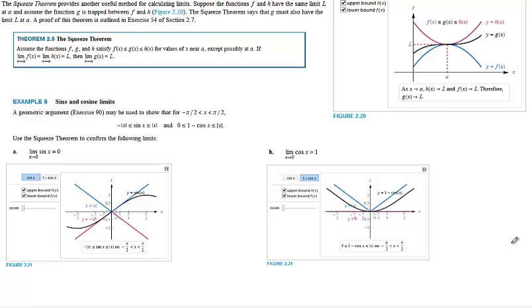Next is the Squeeze Theorem. The Squeeze Theorem is used in quite a few proofs. What you have is some function g right here.